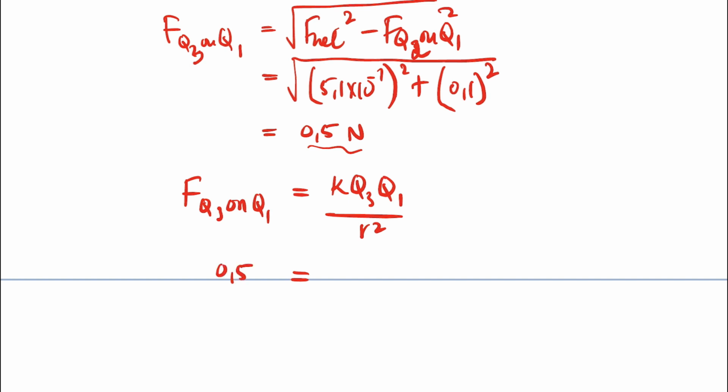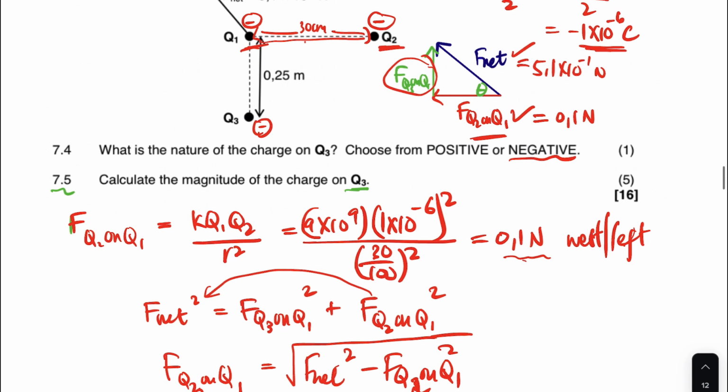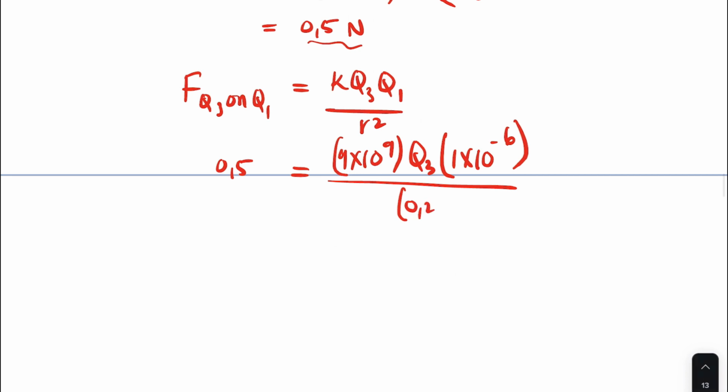It's 0.5, and my K is 9 times 10 to the power 9. And the Q3 is the one that I want, and the Q1 is 1 times 10 to the power negative 6. We divide by the distance we were given, it's 0.25 squared.